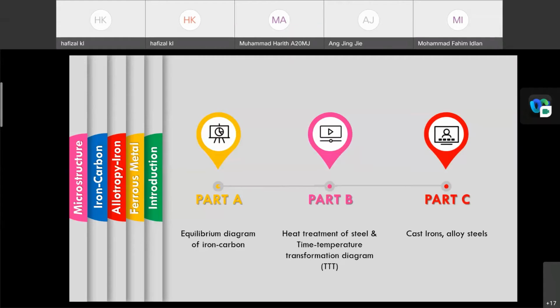Then we learned about the phase transformation in certain regions, the peritectic region and also the eutectic region. From there we learned about the microstructure and the composition of the mixture in terms of liquid and in terms of solid, and the lever rule to get the fraction of liquid.